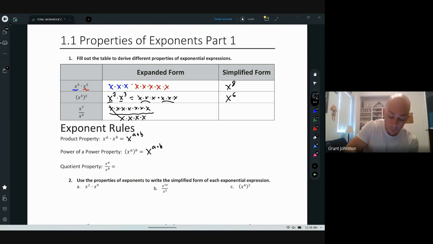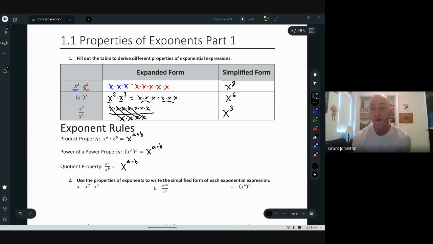So these will reduce, these will reduce, these will reduce, these will reduce. And all I'm left with is 3. So the simplified form is x to the third. So when you have x to the 7th divided by x to the 4th, you get x to the third. So the rule, the shortcut, would be to subtract. So those are the 3 exponent rules we've been working with on this page.